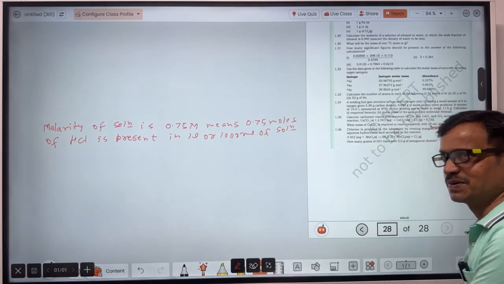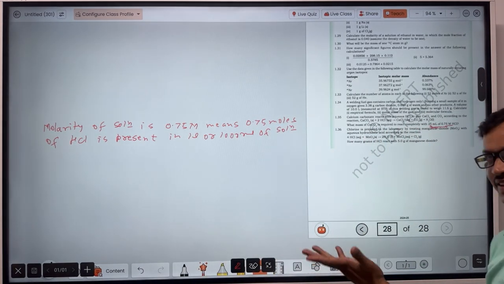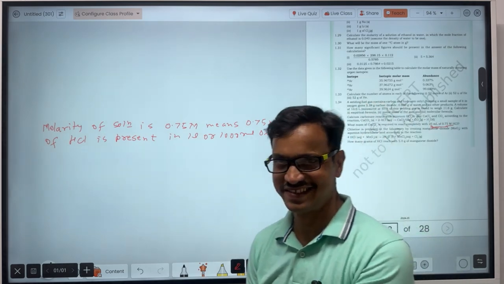So when the volume of solution will be 25 milliliter, then what will be the number of moles of HCl?